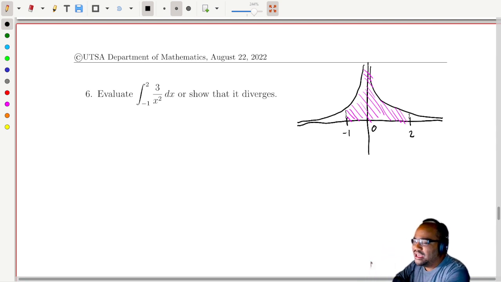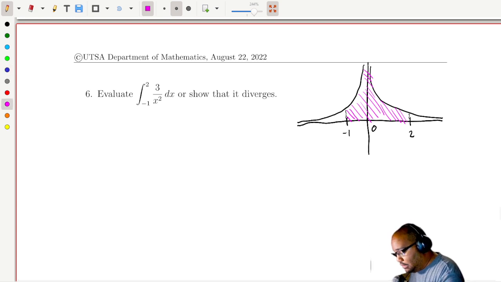Well, remember that I'm allowed to chop up integrals into multiple pieces. So what I'm going to do is make a cut here. I'm going to cut my interval at 0, and now I have 2 separate pieces. Let's see if I can convince you of that. So I'm going to just draw a rough picture here.